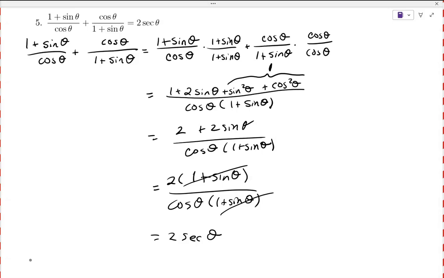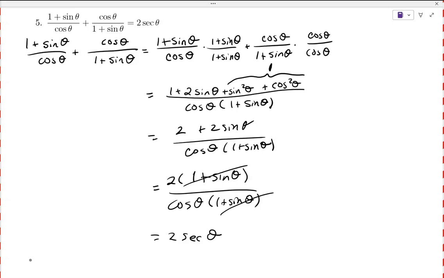Honestly, a lot of what we do when we're verifying trig identities is algebra, right? There were exactly 2 steps of trigonometry in this problem. Here's step 1 in trigonometry. Here's step 2. Right? Absolutely everything else was an algebraic step.